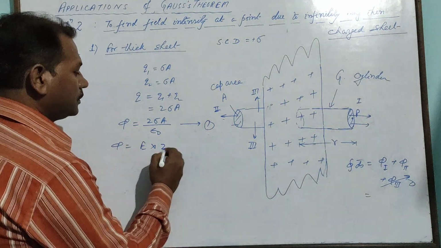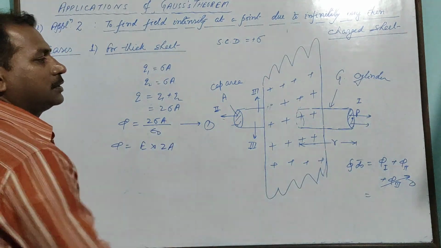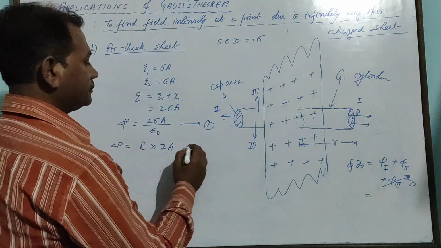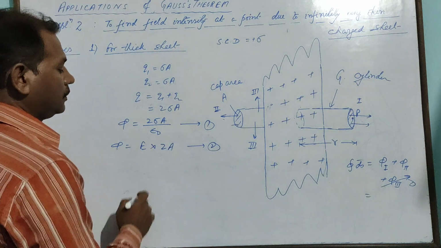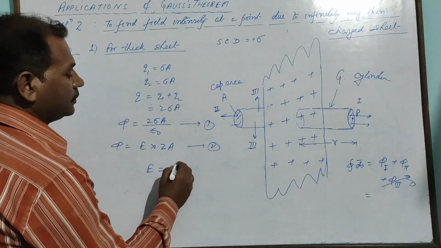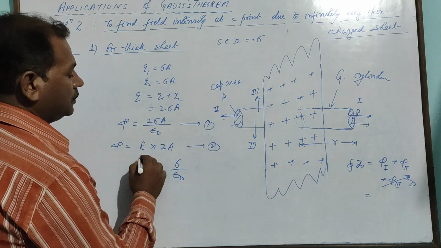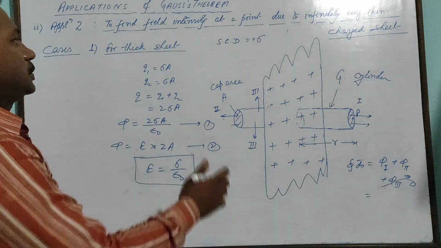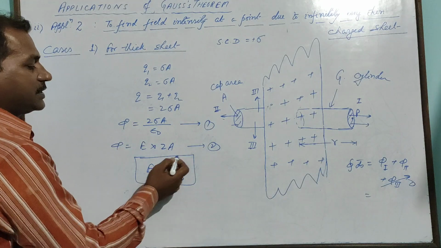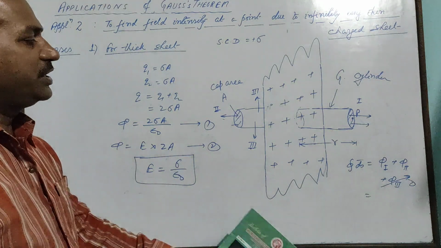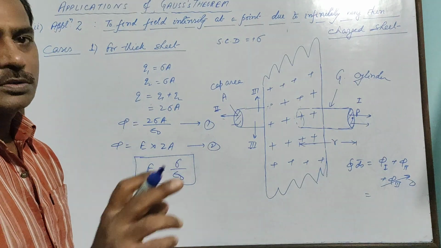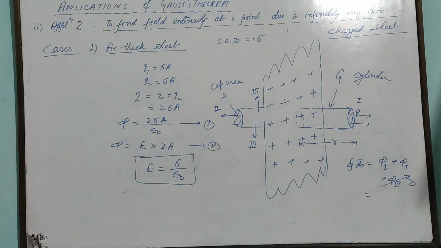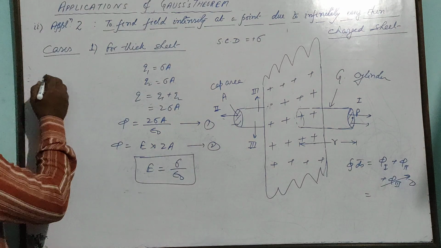That's why the electric flux will come out only through this cap area and this cap area. This means field intensity in this case will be sigma by epsilon naught. So for a thick sheet, field intensity is sigma by epsilon naught, and for a thin sheet, it is sigma by 2 epsilon naught.